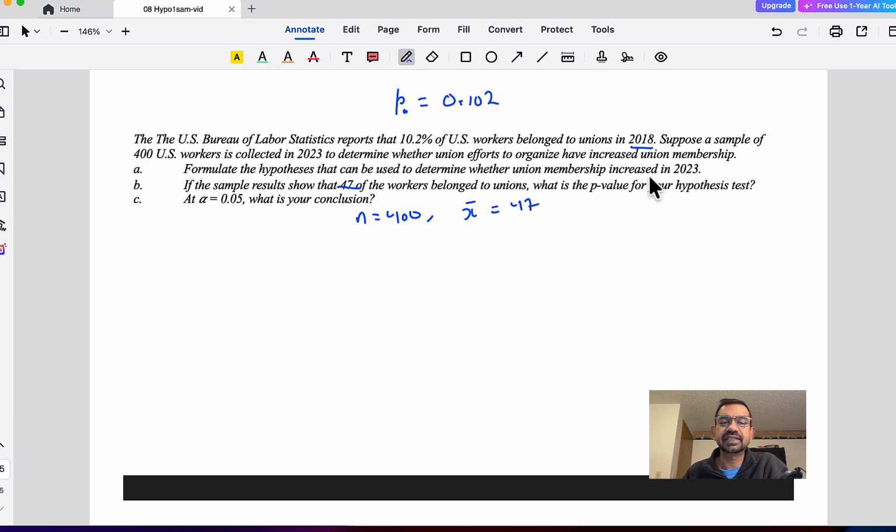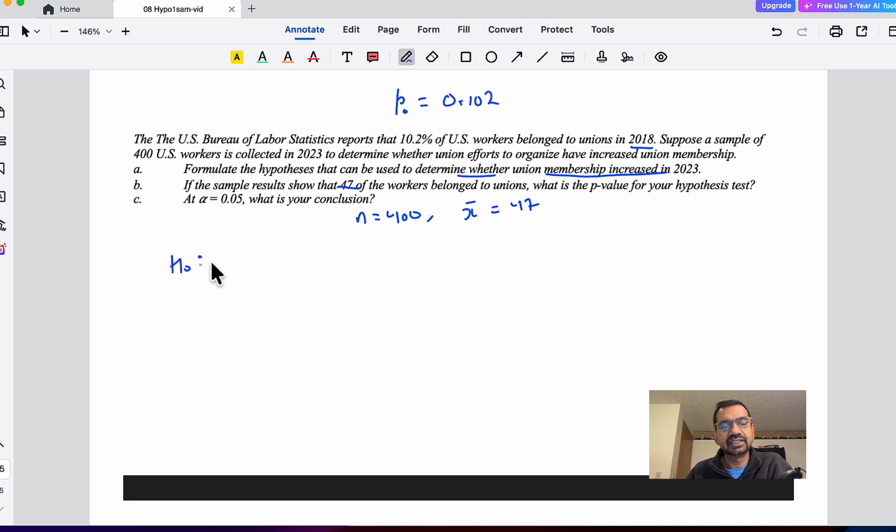And we want to test if our membership over time has increased or not. So we will formulate our null and the alternative. We are challenging this belief. We want to make what we hope to find our alternative.